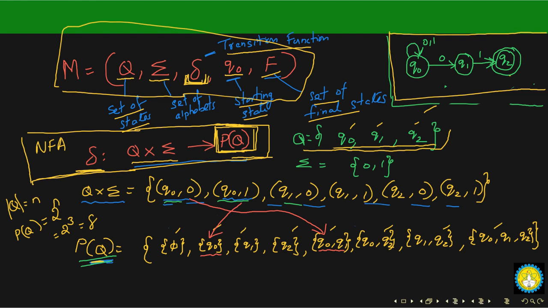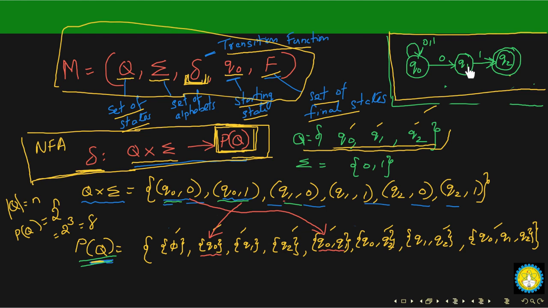What about (Q1, 0)? If you look at the transition diagram, (Q1, 0) is not at all defined, right? So you don't know where to go, or it is not defined. That is a very key understanding.